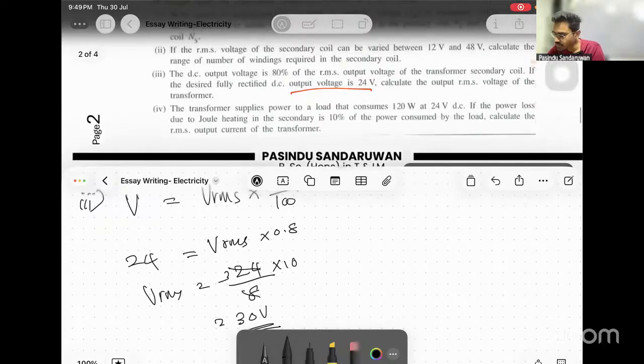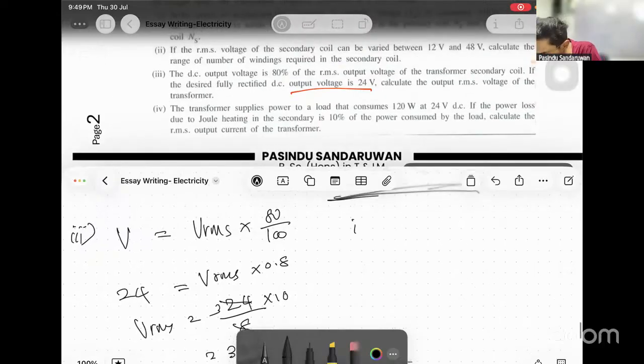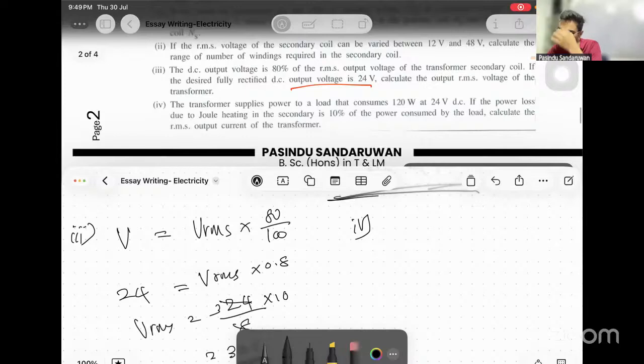Question 4. The transformer supplies power to a load that consumes 120 watts at 24 DC. If the power loss due to joule heating in the secondary is 10%, there's a heat loss of the power consumed by the load. Calculate the RMS output current of the transformer.